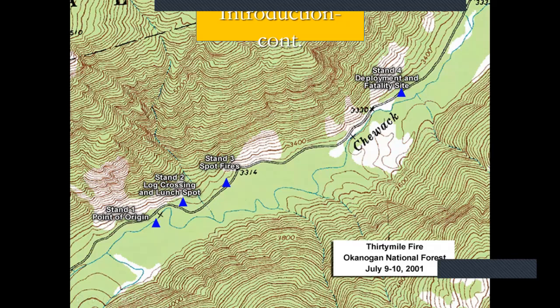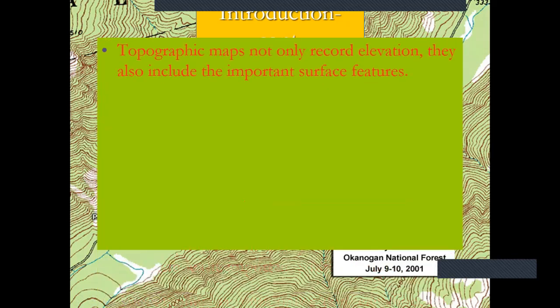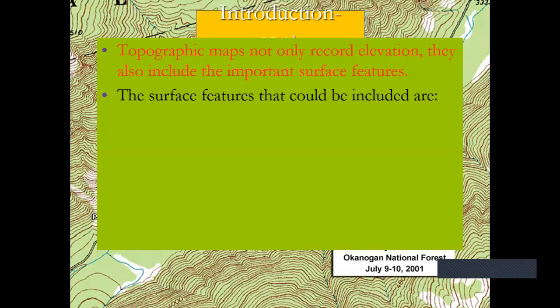And topographic maps do not only record elevation, but they also include the important surface features.